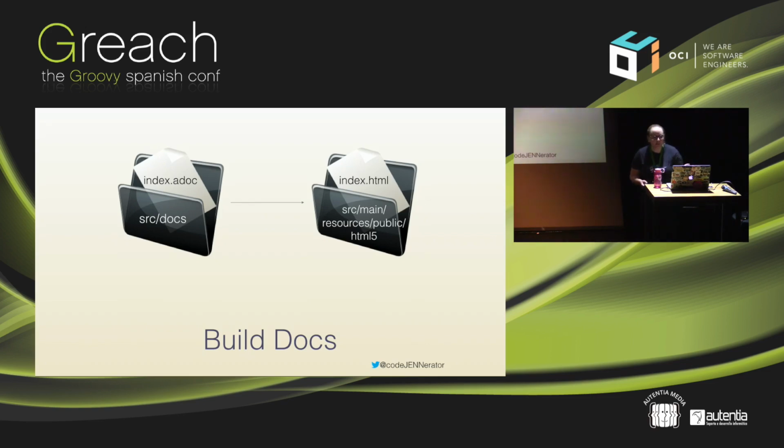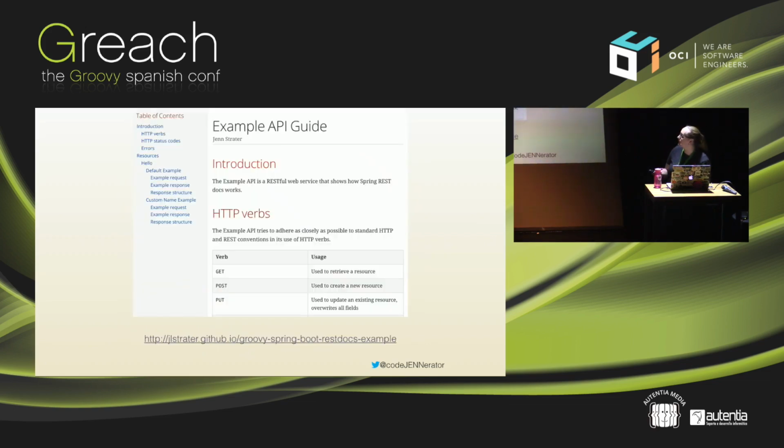So based on the examples, I take what's in my source directory, and that contains a folder where all of my docs were generated, and it's very important that those tests are run before the Asciidoctor task so that they exist when they actually get built by the Asciidoctor plugin. And so what we get as a final product is a very nice document that you can see on GitHub pages for this example.